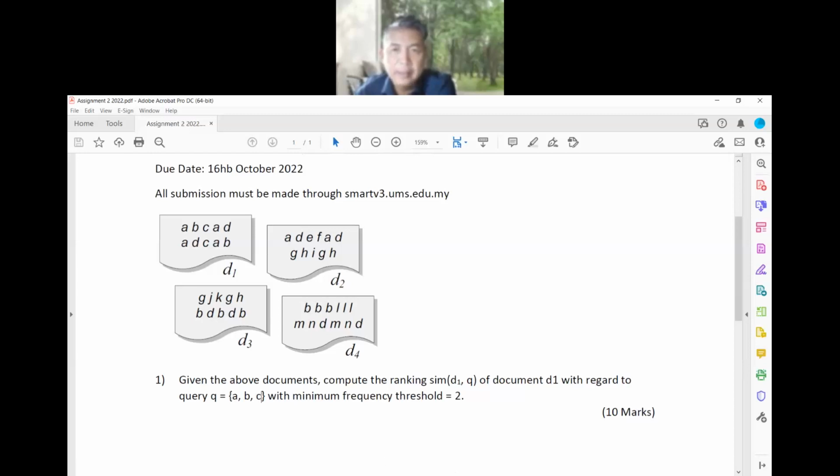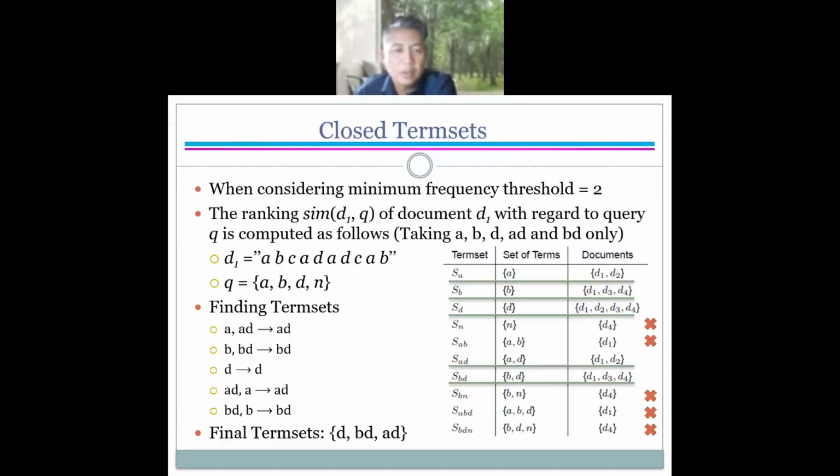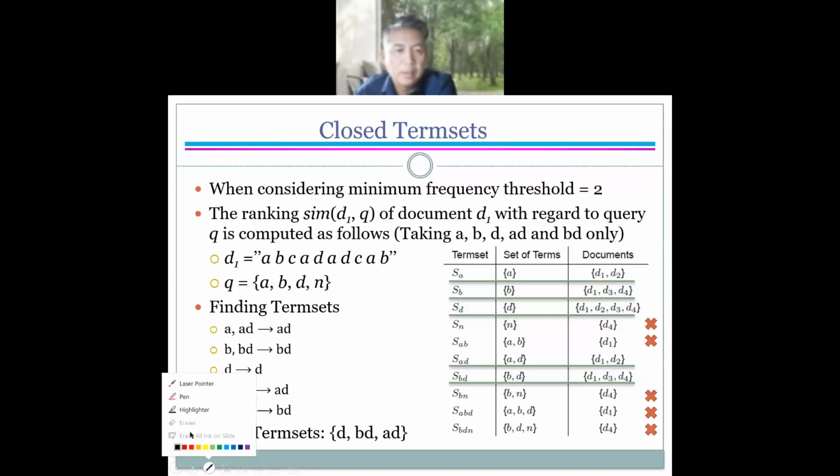So in the slide here, the query is different. Okay, so the query here is this one. In the exercise, the query is ABC.